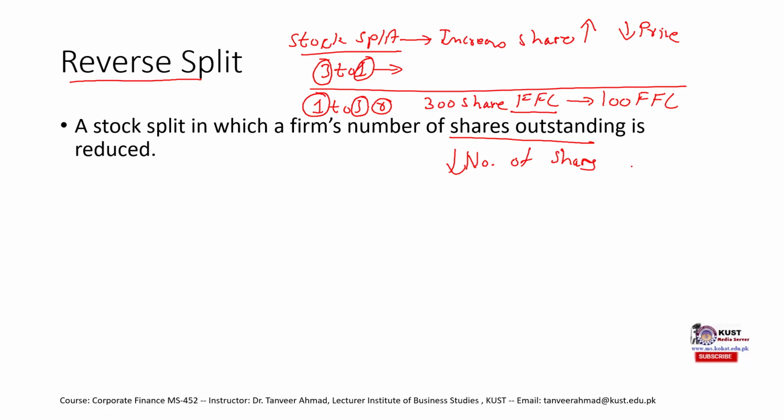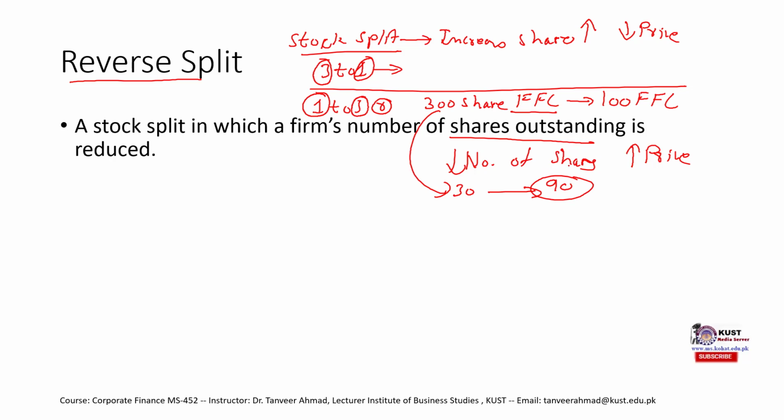When the number of shares decreases, its price would increase, right? So for example, if previously 1 share was, say, 30 rupees, then after reverse split, its share price would increase to say 90 rupees per share, right?